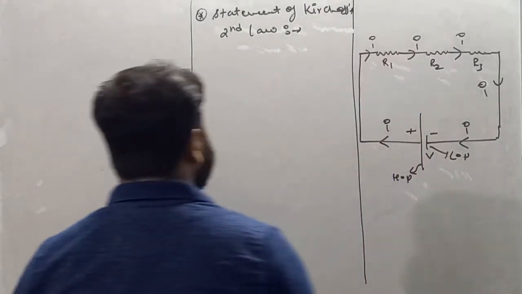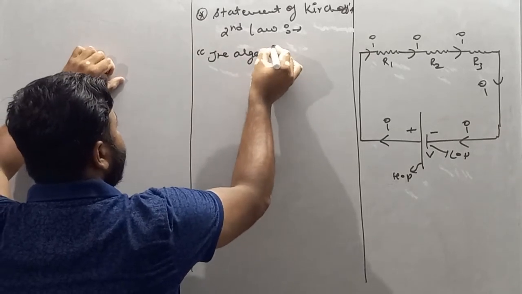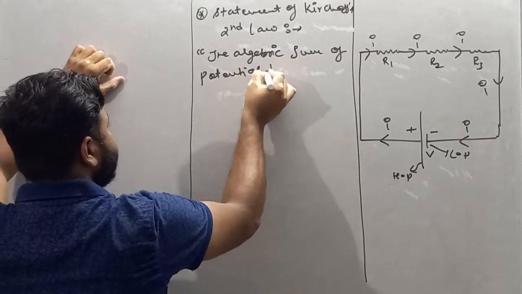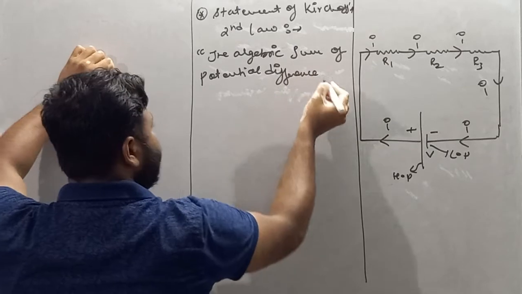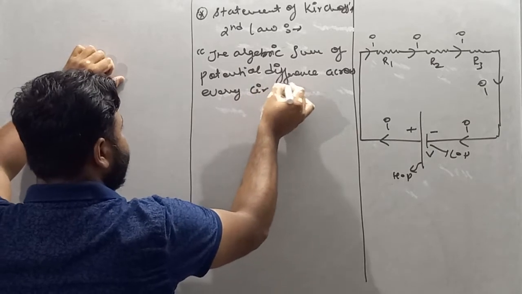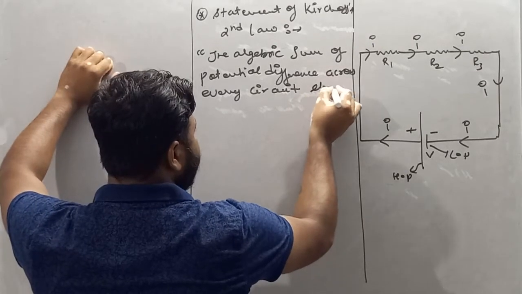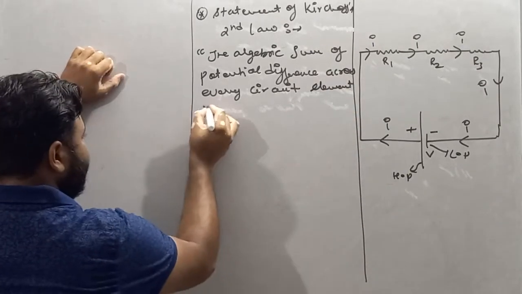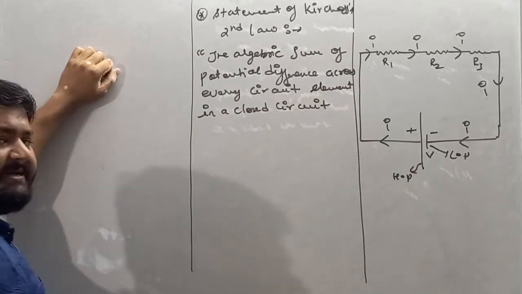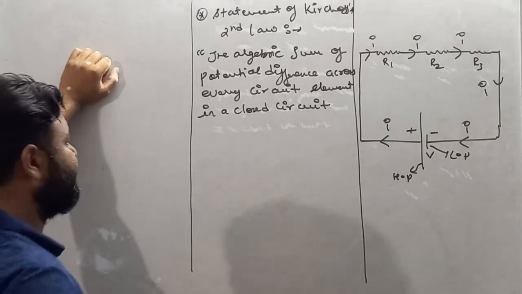So let's see what Kirchhoff's second law actually says. The second law statement is: the algebraic sum of potential difference across every circuit element in a closed circuit.